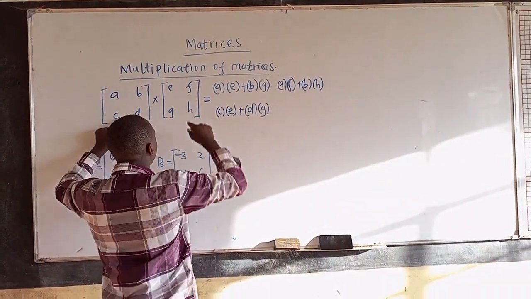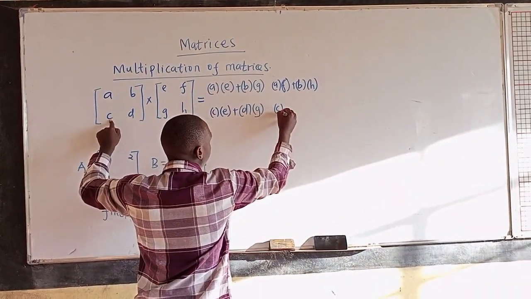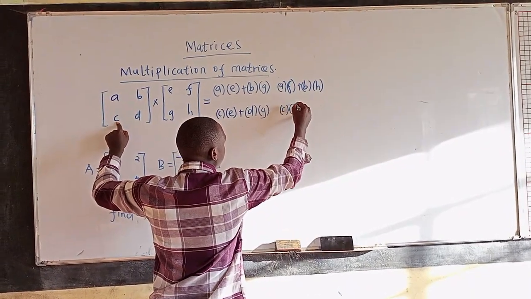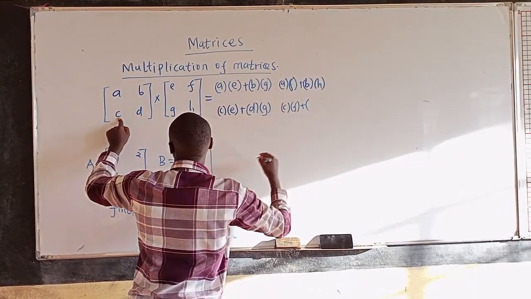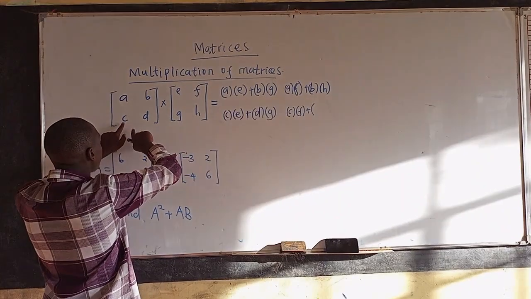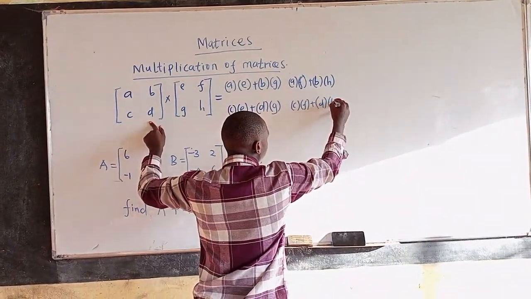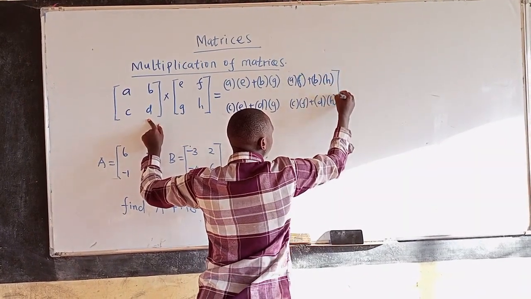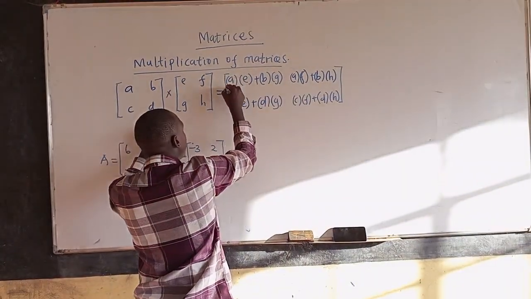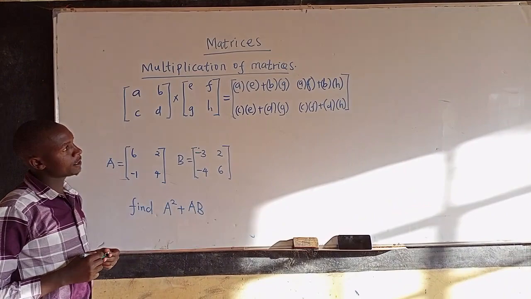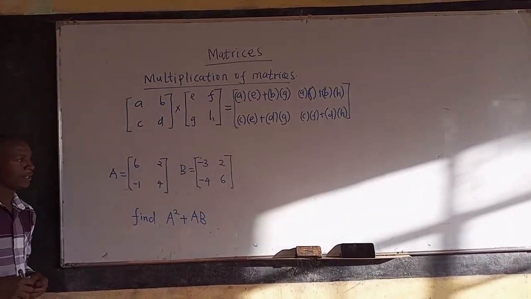So that is C multiplied by F, and then we add that to D multiplied by H. And we have to enclose it in brackets to make it a matrix.